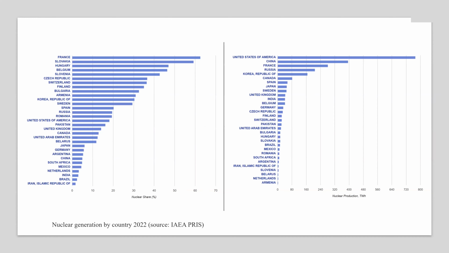France is on the left side. You see France is the country that uses the most nuclear energy, almost 70% of its energy comes from nuclear. And the United States has the most reactors in the world.